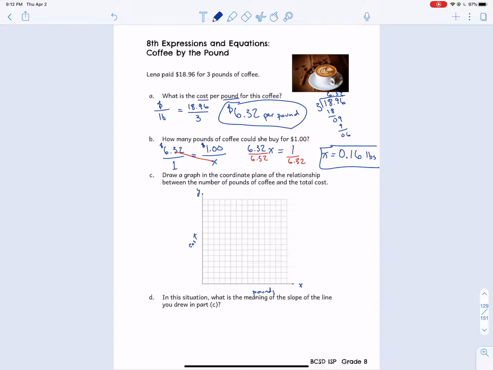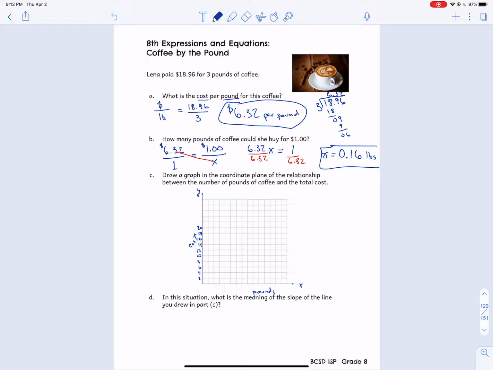So the y needs to go up to at least $18.96. So let's count 1, 2, 3, 4, 5, 6, 7, 8, 9, 10, 11, 12, 13, 14, 15 boxes, 15 lines. So we're going to have to count by 2. So 2, 4, 6, 8, 10, 12, 14, 16, 18, 20.